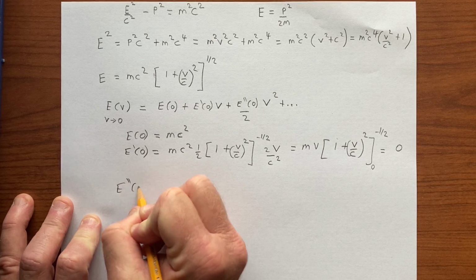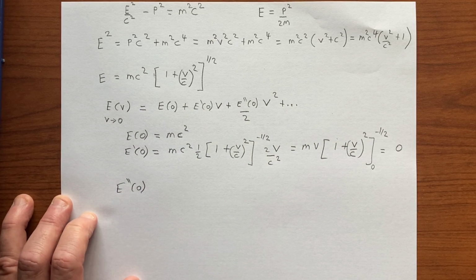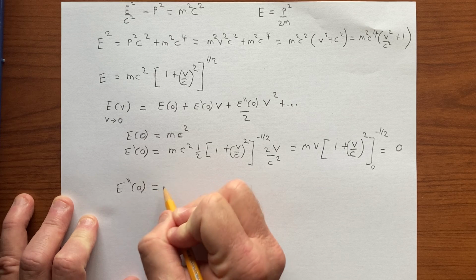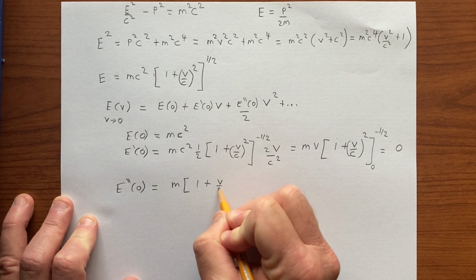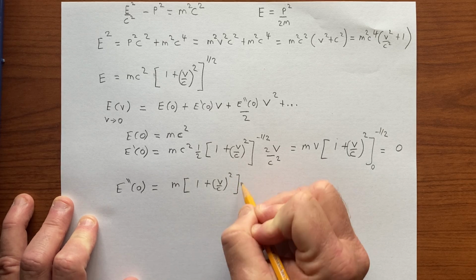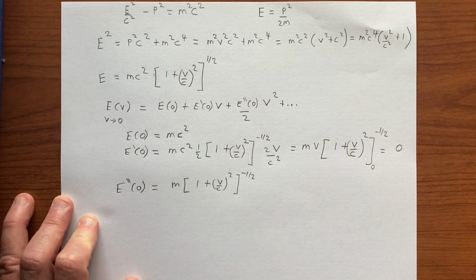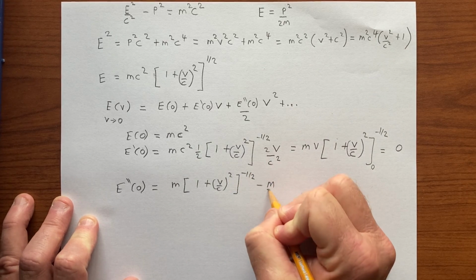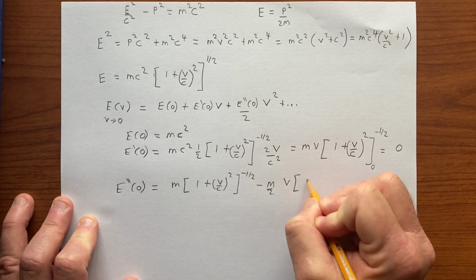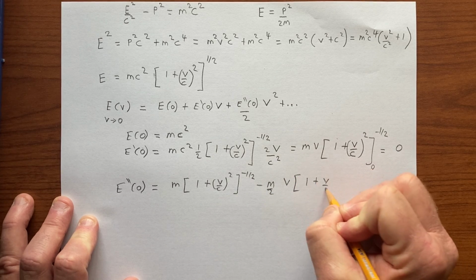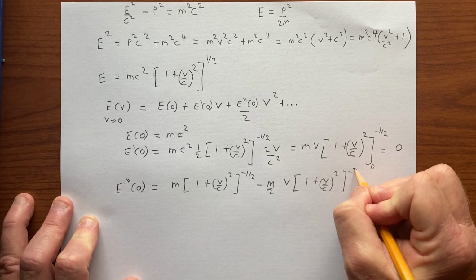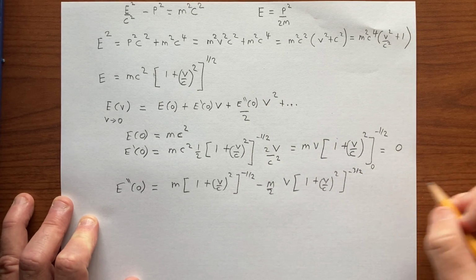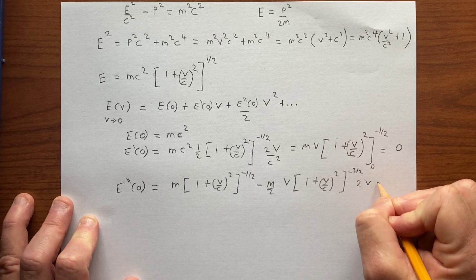Second derivative in v evaluated at v equals 0 gives us m times 1 plus v over c squared to the minus 1/2. We get a minus m over 2 v times 1 plus v over c squared to the minus 3/2 times 2v.